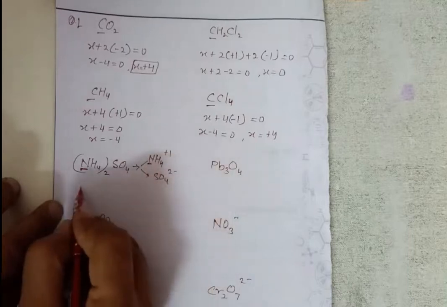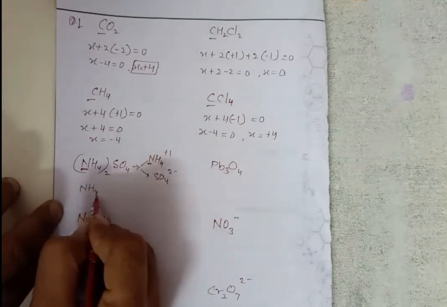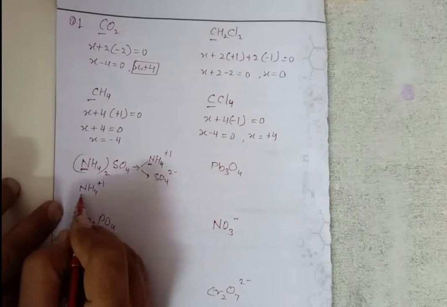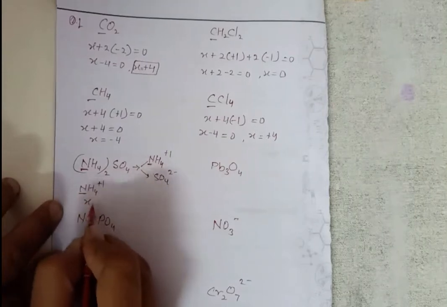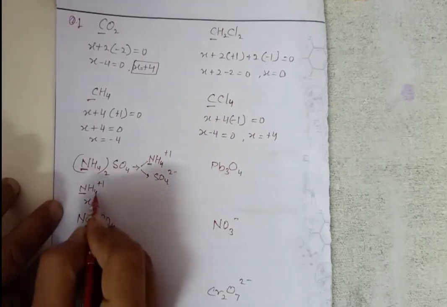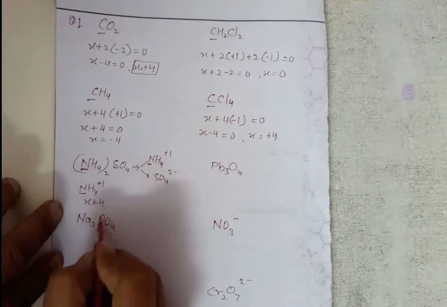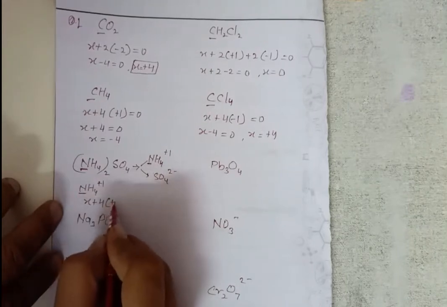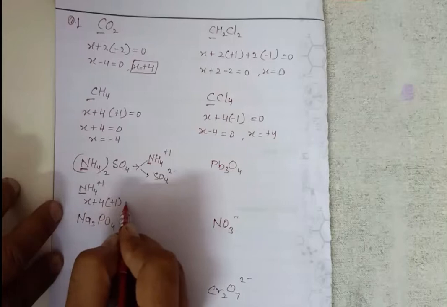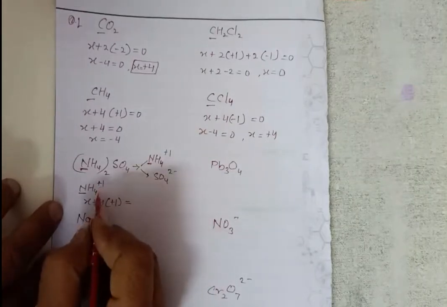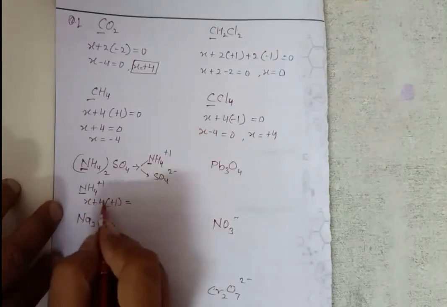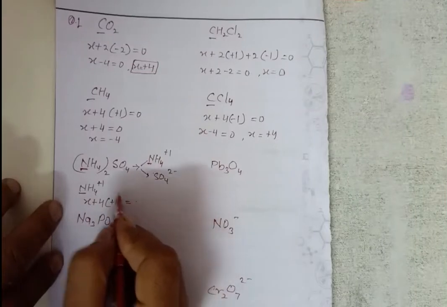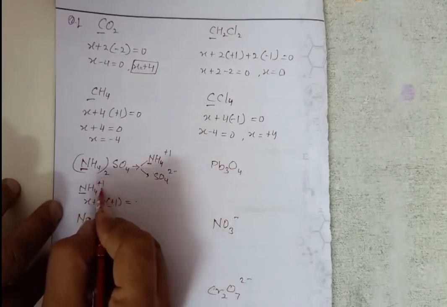So nitrogen oxidation number, NH4 plus ion. Here for nitrogen I write X, then I write plus, then we have to write the subscript first. What is the oxidation number of hydrogen? Plus 1. For an ion, the total oxidation number is not equal to 0. It is always equal to the charge which is present on the ion.